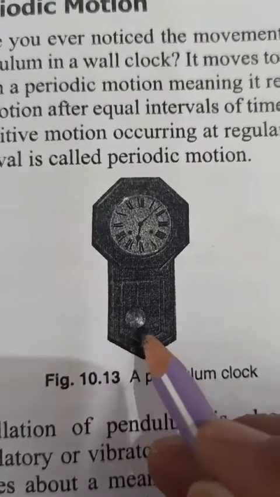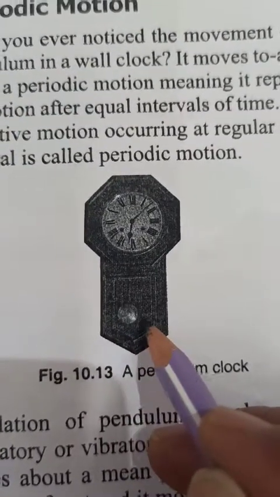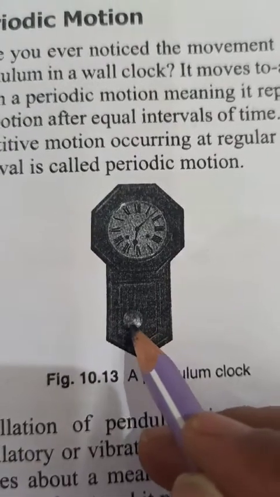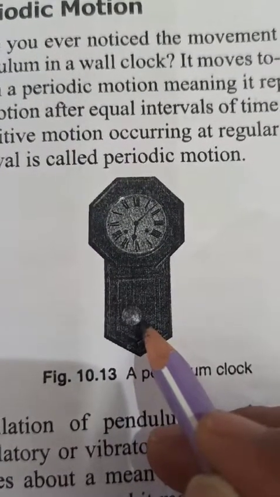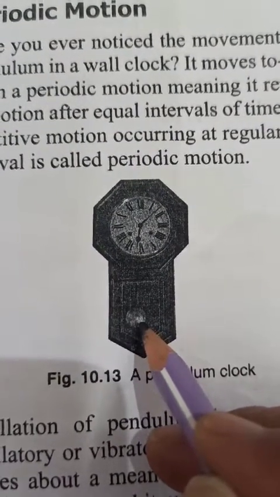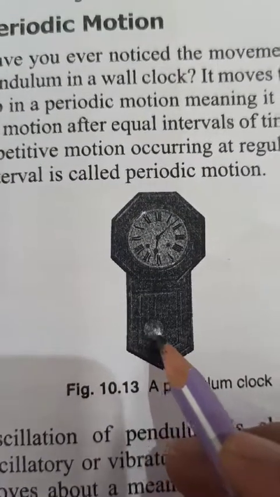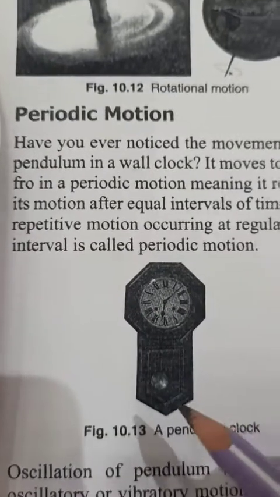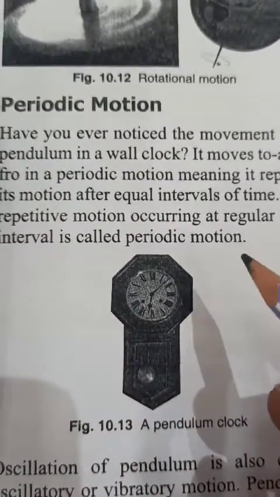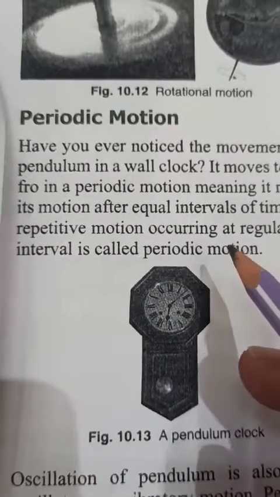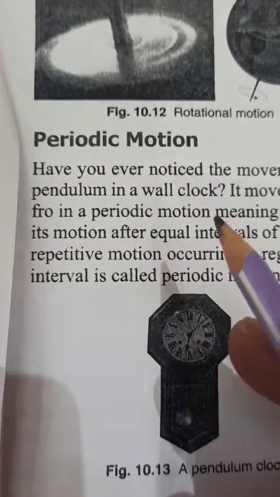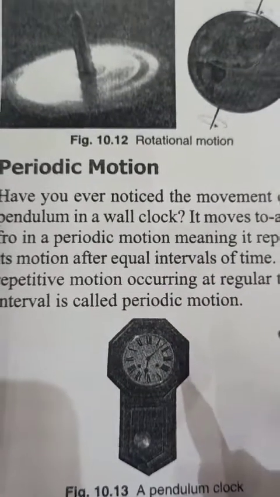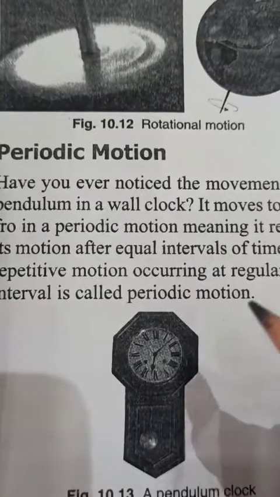So that's why we can say that it is a periodic motion. Means here it takes an equal interval of time to move either right or left. Okay children, so these kinds of motions come under the periodic motions, which repeat the motion after equal intervals of time.